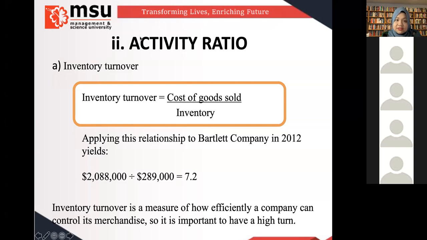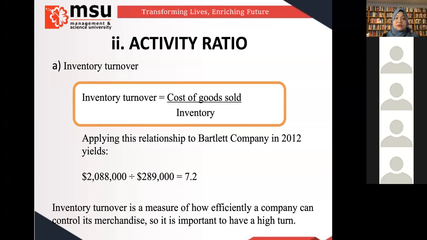Yes, you are right. We do the restocking, but you will do restocking whenever your inventory is going to finish. You will not restock a new product until your product is able to be sold out.